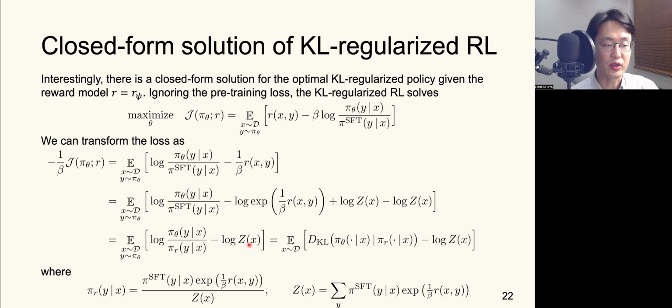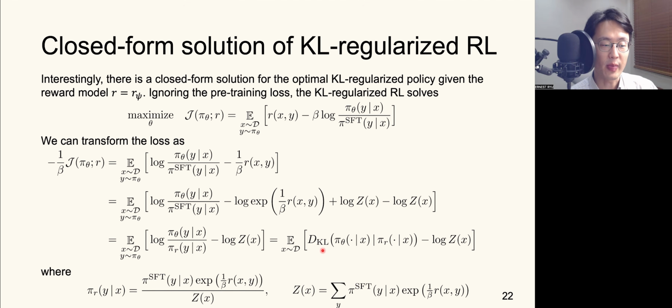Then with this definition, we can put this log of x into here. Let's combine it into the log, pull this log z term into here, and write this as log of pi theta divided by pi sub r. And then this minus log z term remains. We keep this minus log z term as it is, and then we stare at this term for a while, and we recognize that the expectation of this is actually a KL divergence term.